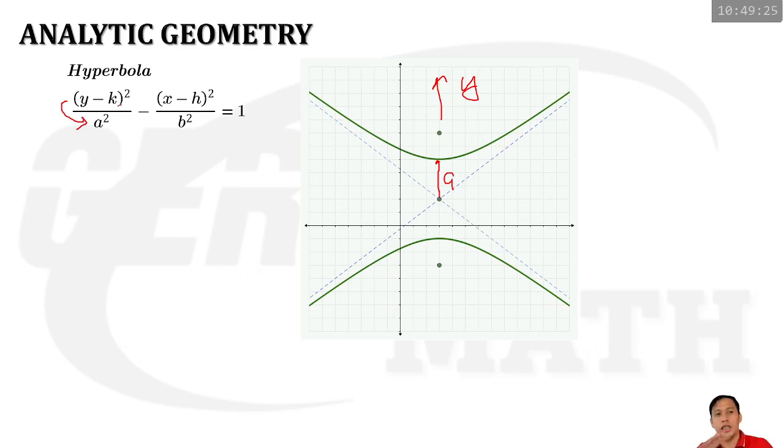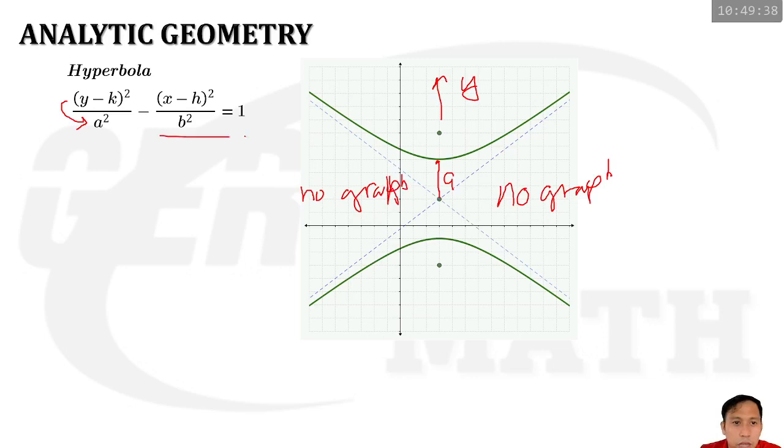As you can see, they are interchanged: y is now positive, because the no-graph region is now on the left and right, so x is negative. So wherever the direction of opening is, that is what you make positive in the equation.